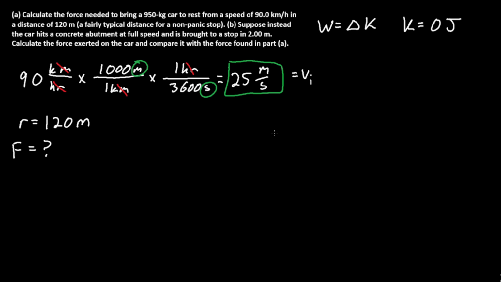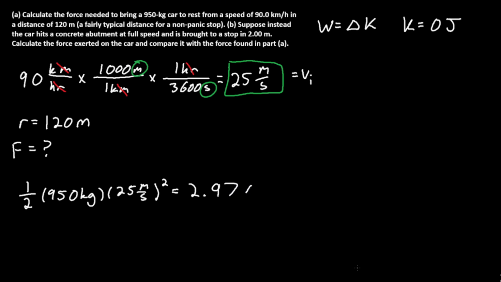So we need to find the current kinetic energy of our car, and this all equals 2.97 times 10 to the power 5 joules. That's a lot of energy in this car. What we need to do next is find the work.